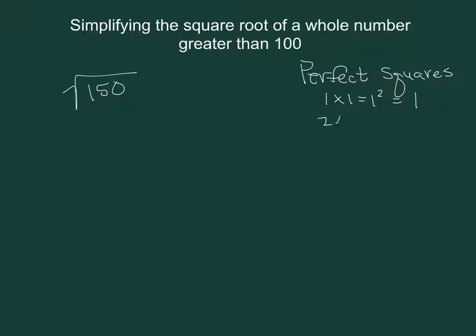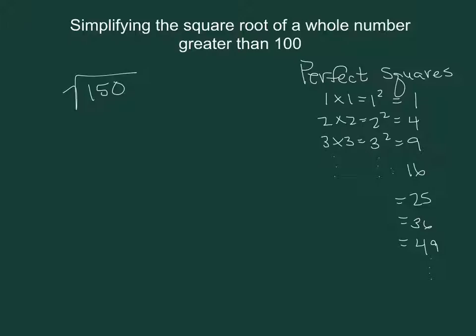And we have 2 times 2, which is 2 squared, which is equal to 4. And 3 times 3, which is equal to 3 squared, which equals 9. And you can see this pattern continuing on, so that we get 16, 25, 36, 49, and the pattern will continue. So these are our perfect squares.